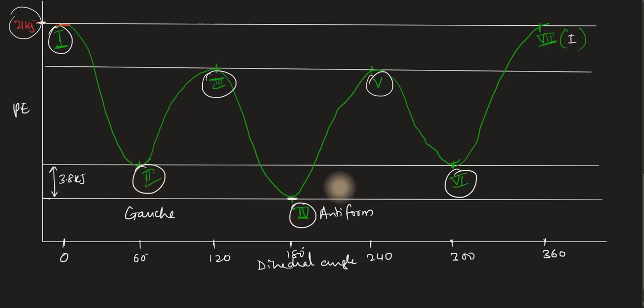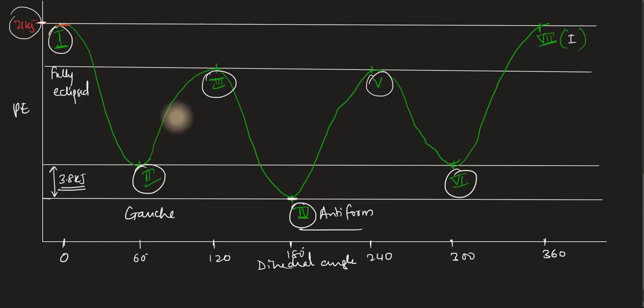Though these structures are interconvertible and the conversion occurs spontaneously, the major stability lies with the anti form. The energy difference between the anti form and the gauche form is 3.8 kilojoules, and between the anti form and the fully eclipsed or totally eclipsed form is 21 kilojoules.